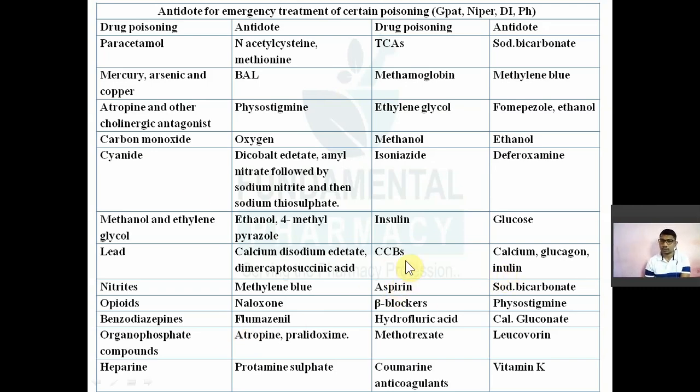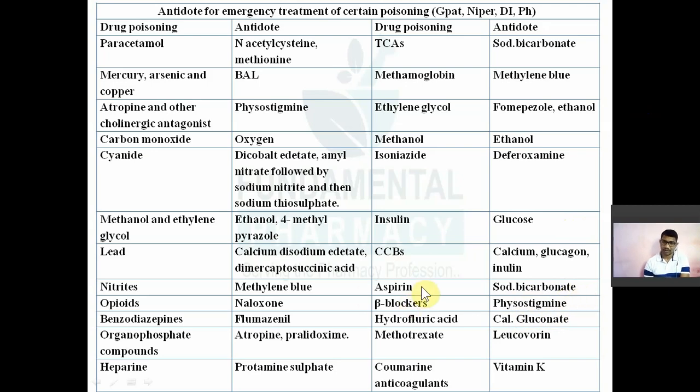In case of calcium channel blockers, if you got an overdose or poisoning of calcium channel blockers, calcium and then glucagon are used as antidotes. If you got an overdose of aspirin, sodium bicarbonate is given. Why is sodium bicarbonate given? Because, see, sodium bicarbonate is a base.